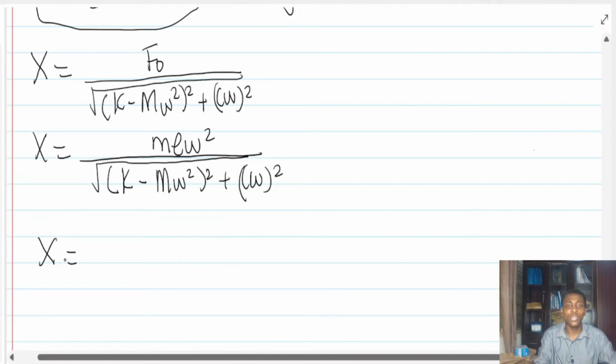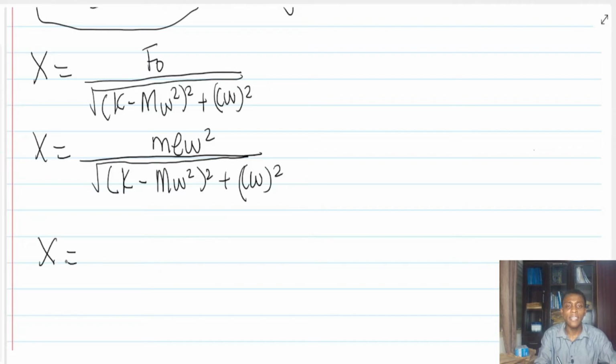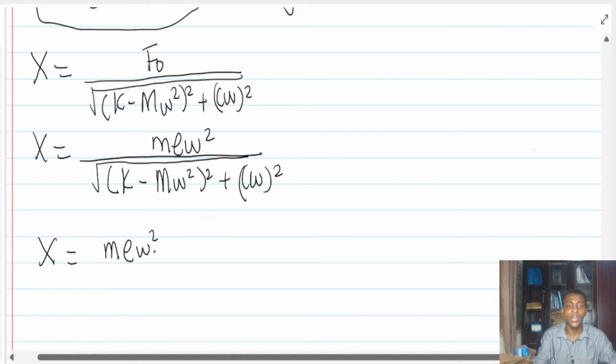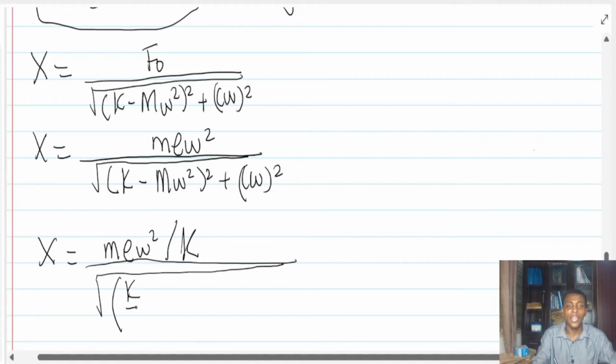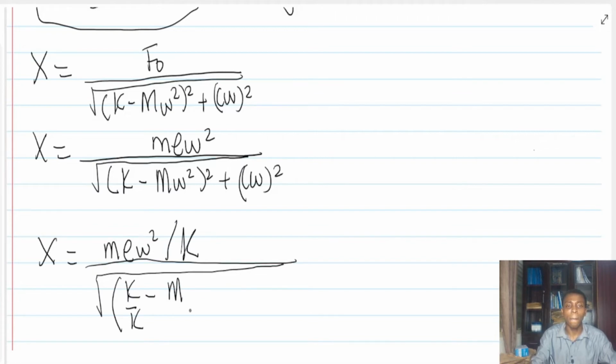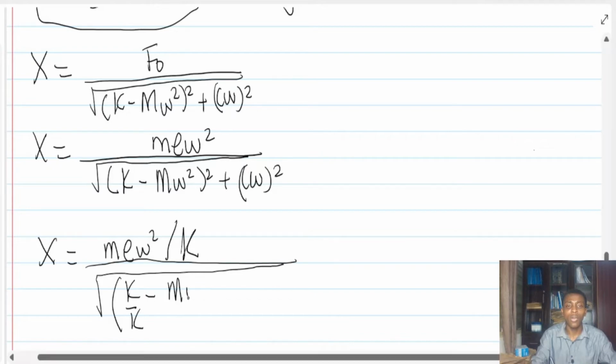So if I attempt to divide through by K, okay, let's divide through by K. So it means that I'm going to divide m e omega squared all by the stiffness K. Then I'm going to divide this through by K divided by K minus big M omega squared over K, and then all squared plus C omega over K squared.